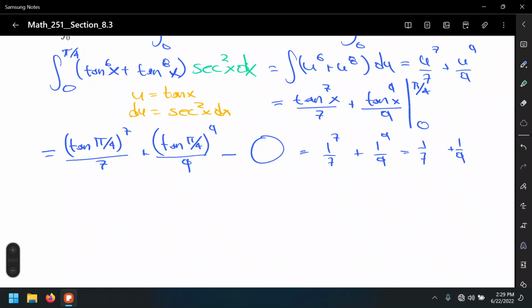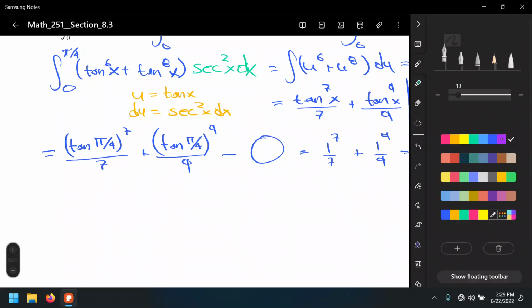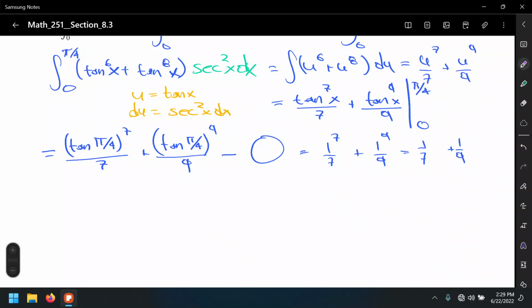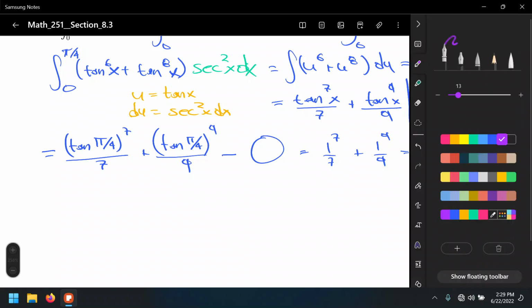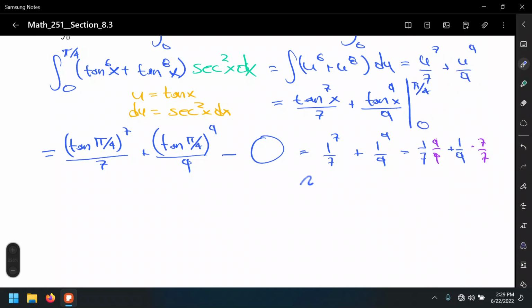Simplifying these fractions, we need an LCD: 9 and 7. Final answer: 9 plus 7, that's 16, so 16 over 63.